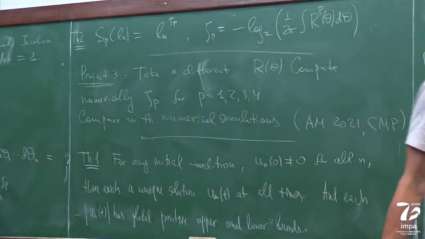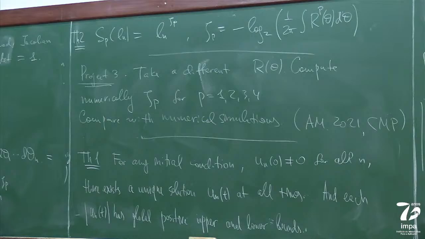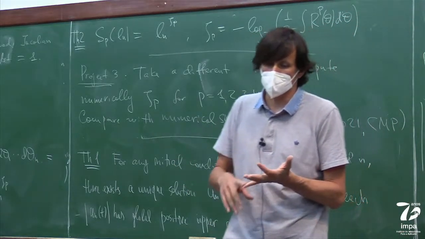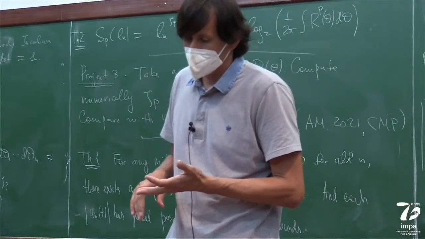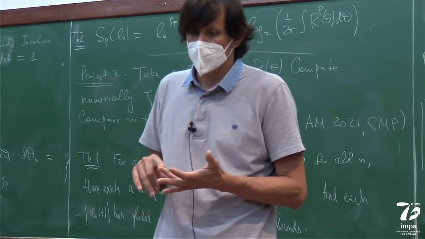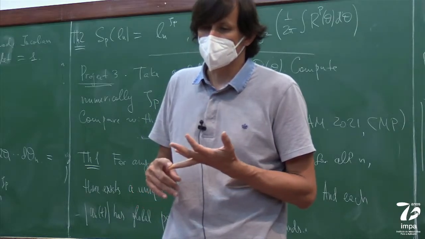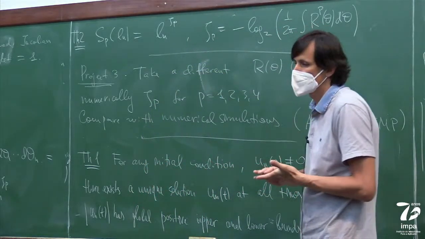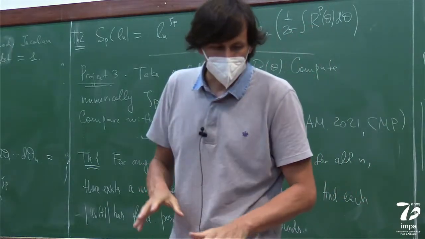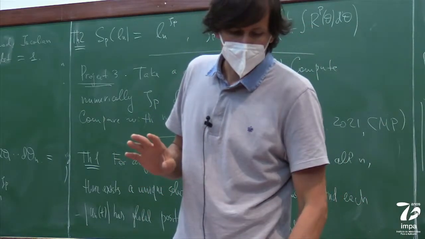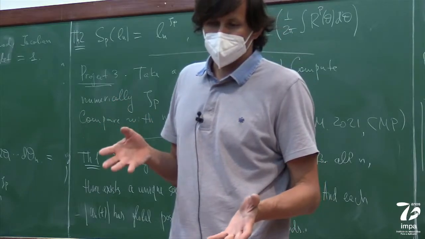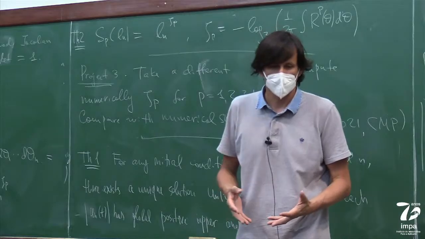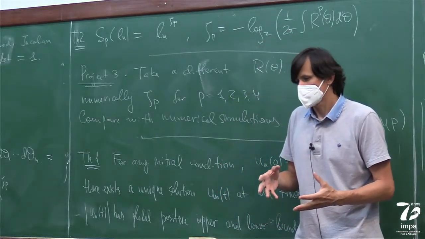And why I'm giving this project: through the course of lectures I gave three projects. The first was about blow up. The second was about regularization of a singular system. And the third is about this intermittency. So whoever wants to get a note for the course should make the projects.